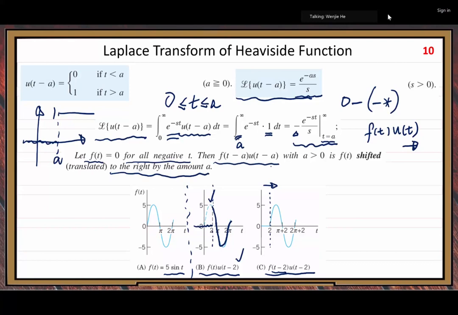After we introduce the Heaviside function, you need to do a lot of shift operations, and it's very easy to get confused.